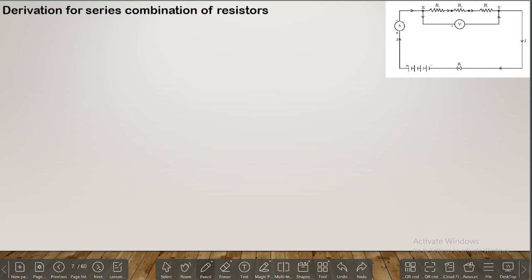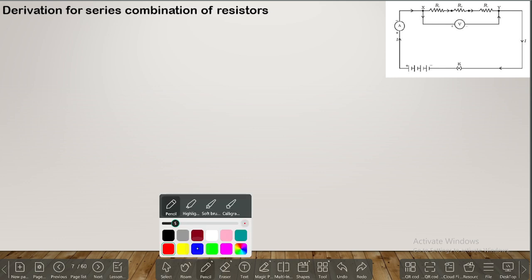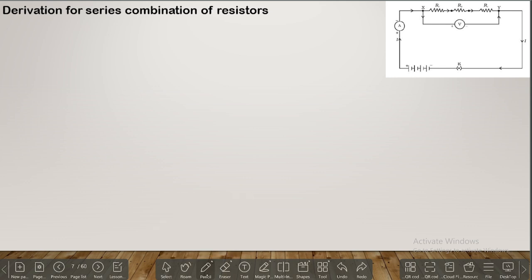Now we will derive an expression for the series combination of resistors. Look at the circuit diagram. Is it connected end to end or at a common point? All three resistors are connected end to end.